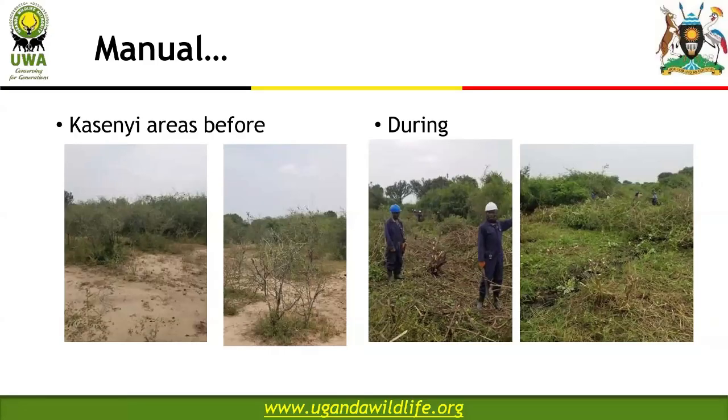When they did this, of course, the area has opened up. And when I also came and took over from him, in the last quarter, I added 150 hectares in this area of Kasenyi. And good news is, where we have also worked, animals are seen.